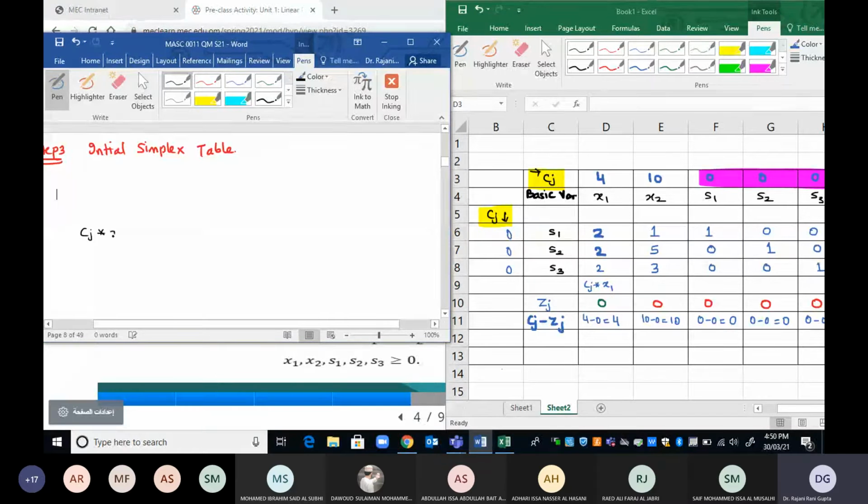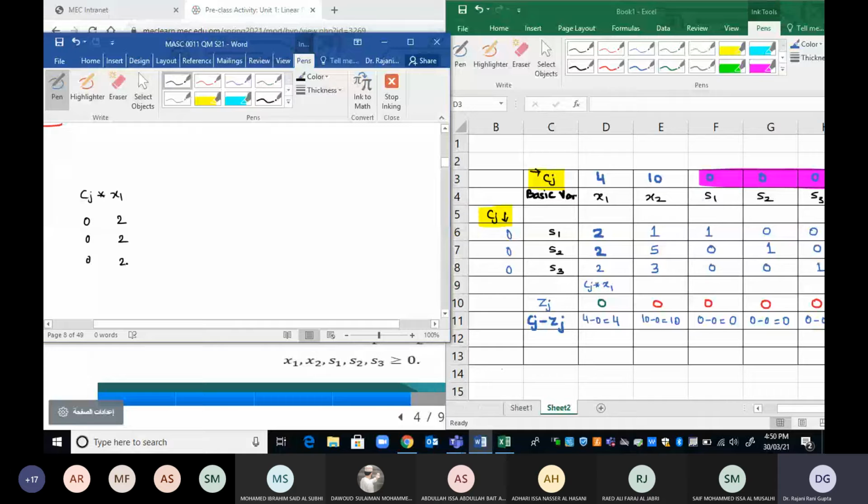You have 0, 0, 0 here and you have 2, 2 and 2 here. So you multiply these numbers and get 0, 0 and 0. Zj will be nothing but the addition of all this: 0 plus 0 plus 0 gives you 0. Hence we get 0 here.